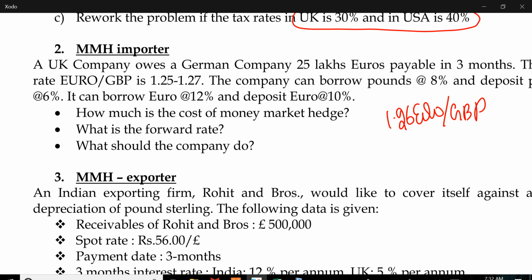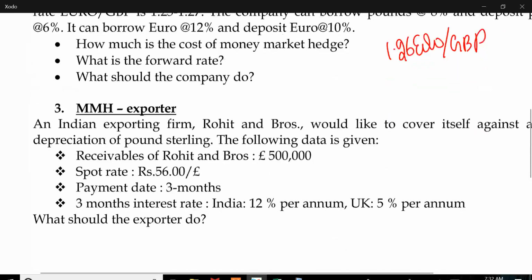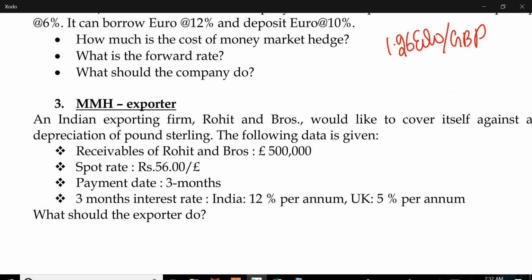If the company has no view on exchange rates, then it should go ahead and take a money market hedge.